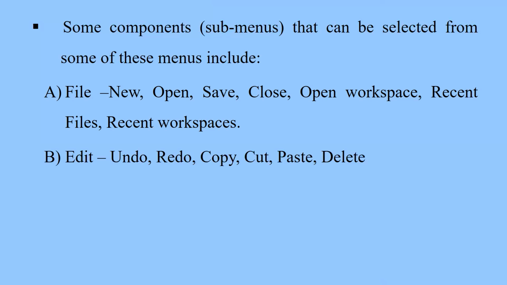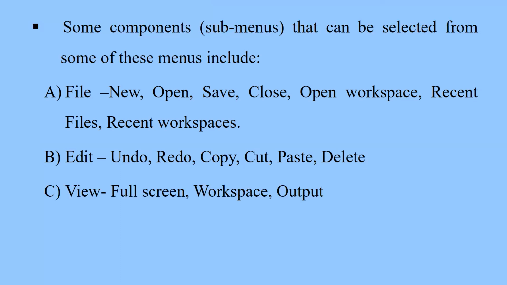We have the Edit menu. At the Edit, we have undo, redo, copy, cut, paste, and delete. These are usually used in the same way that we use them in other word processing documents.